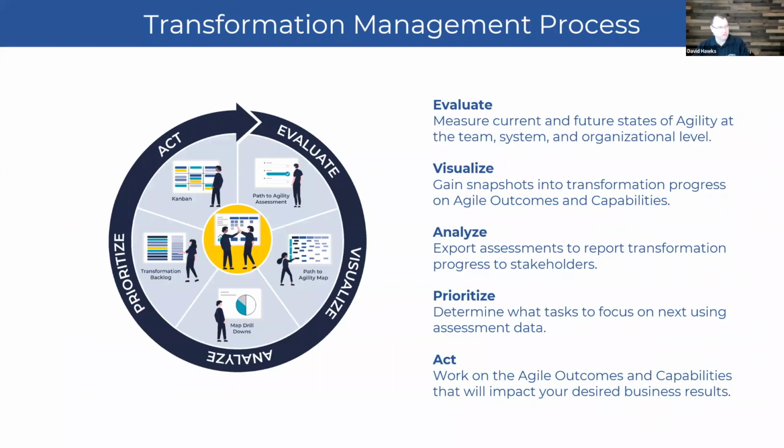Here we go. So again, what we're looking at with Path to Agility is the ability to get a sense of what is our current state, we believe, where are we trying to go, so that we can make sense of all the different things that we could do and start to identify what's the right next step that we can take to visualize the progress that we're taking over time.